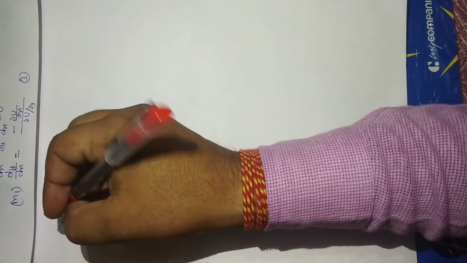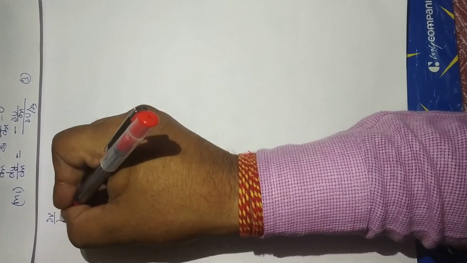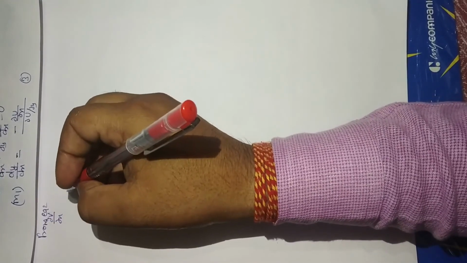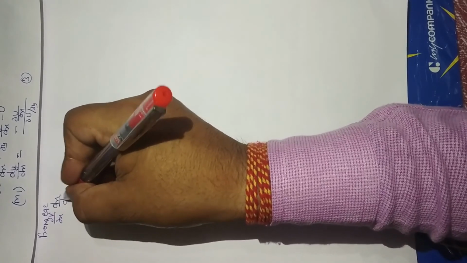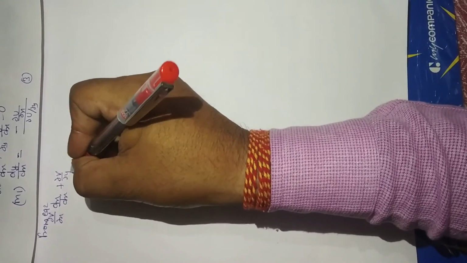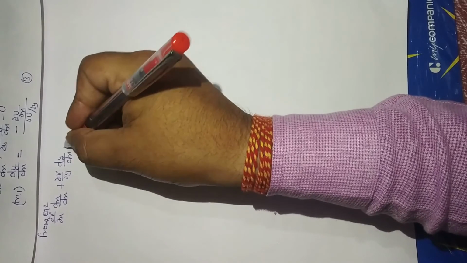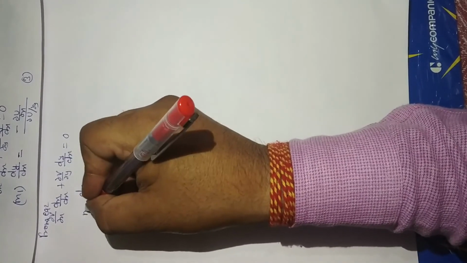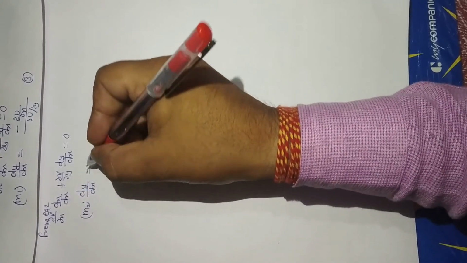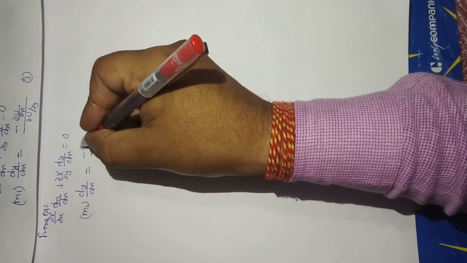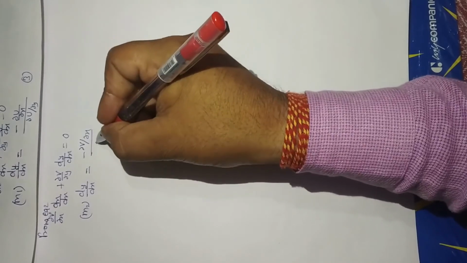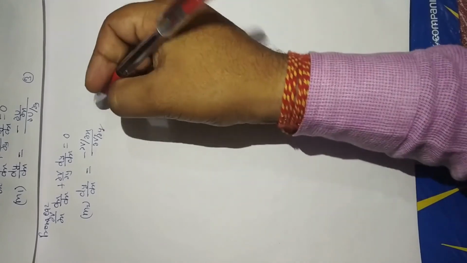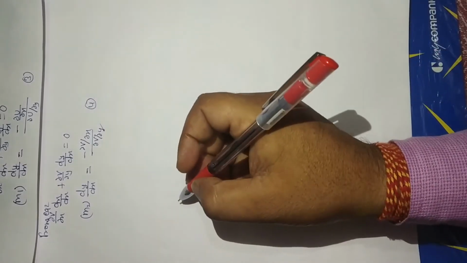Differentiate equation number 2: del v upon del x dx upon dx plus del v upon del y dy upon dx equal to 0. Now dy upon dx, say m2, that is the slope of the second family of curves, equation number 4.